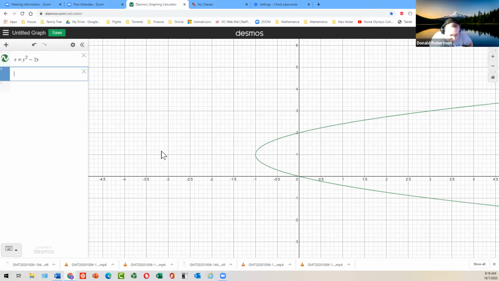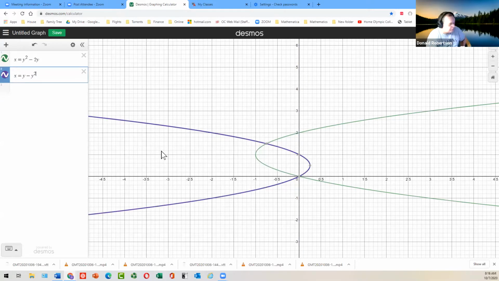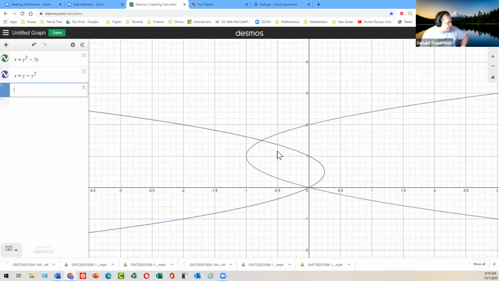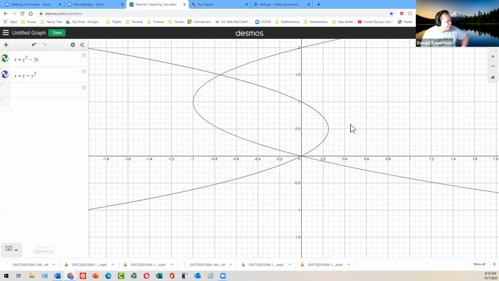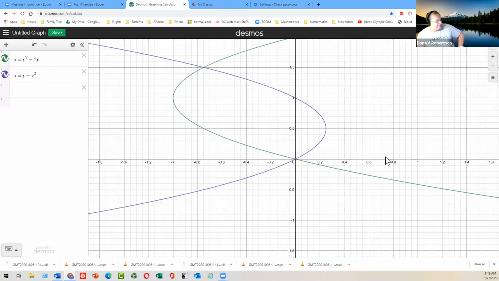And then you do the other curve, which is x equals y take away y squared. You can't see what I'm doing, but I'm just using my mouse to scroll, zoom in essentially, right? Move it up a little bit. There. Now you can see the blue guy is x equals y minus y squared. That's because it's got a little color code. That blue purple color means this guy. And the green one is y squared minus 2y.